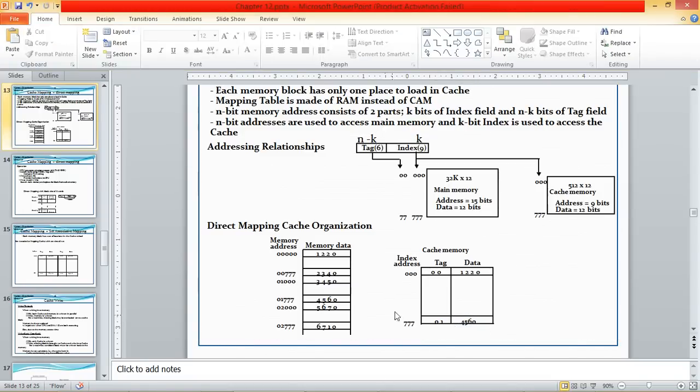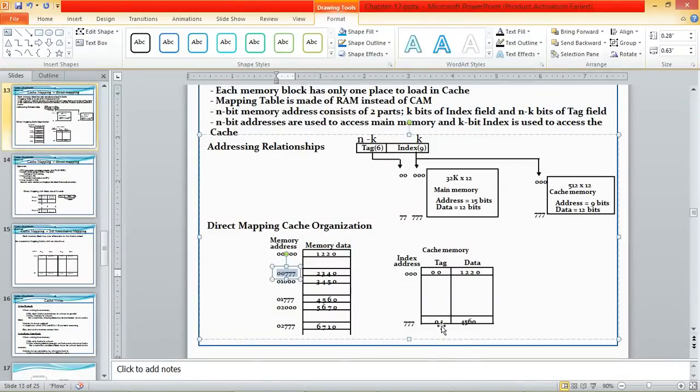This entirely depends upon what type of request your CPU is making. If your CPU wants to read this content, then this tag will be replaced by 00, and the content will be 2340. Then this content will be here.